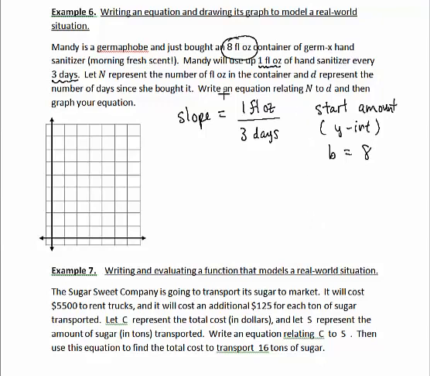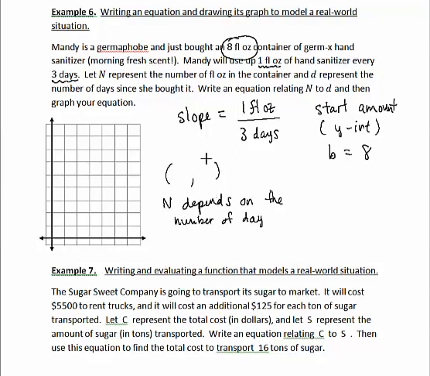Now it says write an equation relating n to d. What we're saying is that n depends on the number of days. Every 3 days we use up 1 fluid ounce of hand sanitizer, so as the days pass, n is going to decrease.